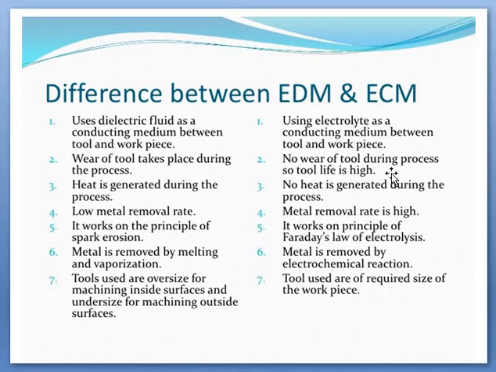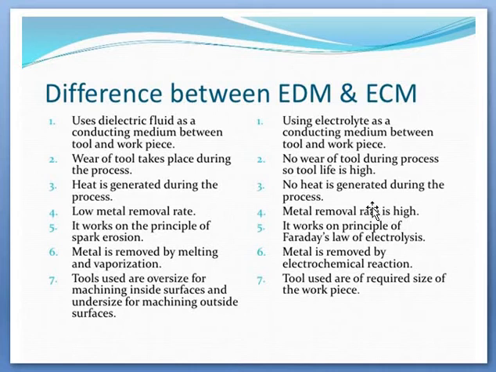The next part is related to the generation of heat. In electric discharge machining, heat is generated during the process, but in electrochemical machining, no heat is generated during the process. The next part is related to the material removal rate. In EDM, the MRR is low, and in ECM, the material removal rate is high as compared to EDM.